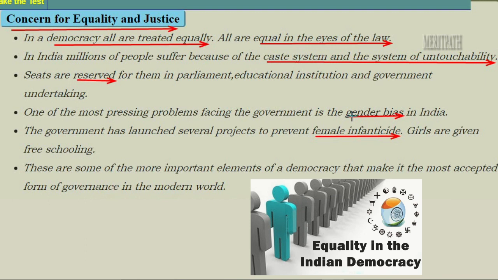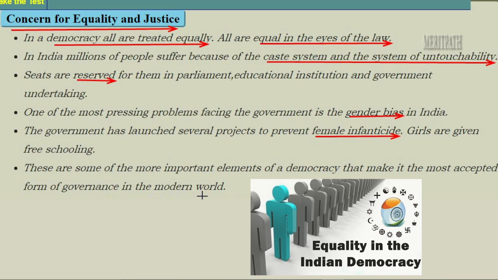Because of all these things, the government has launched several projects so that these problems can be solved. The government is giving more preference to girls. Girls are being given free schooling by the government. So these are some of the more elements of democracy which make it the most accepted form of governance in the modern world, because all are equal in the eyes of the law.